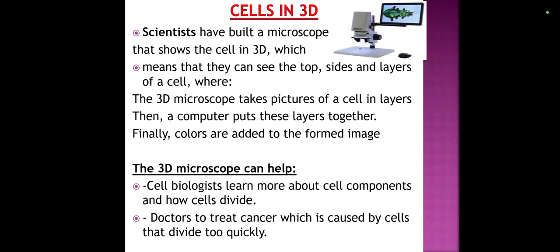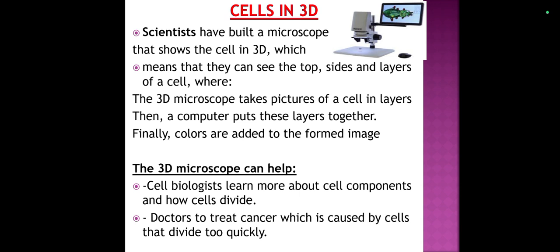So it's about layers and how the computer collects these layers of pictures and puts them together to make the full image. The 3D microscope can help the cell biologist to learn more about the cell components and how cells divide.